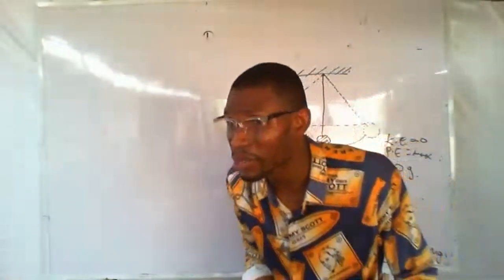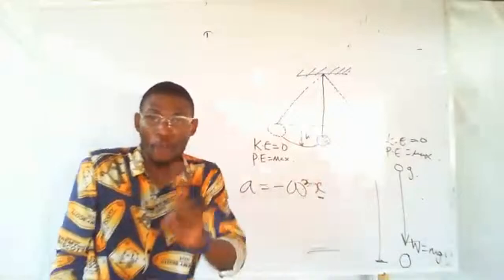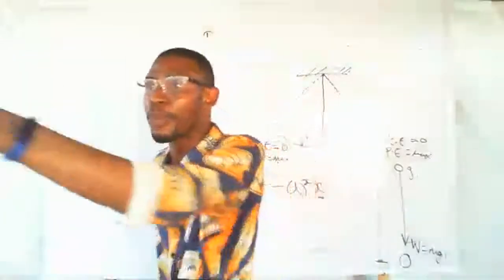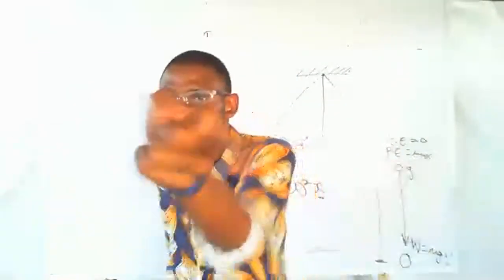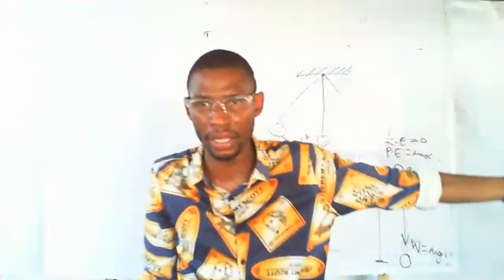It is the distance. X is the distance. So for every object performing simple harmonic motion, undergoing simple pendulum, when the object is returning back to the center, the acceleration becomes negative to show that the object returned back to the center.